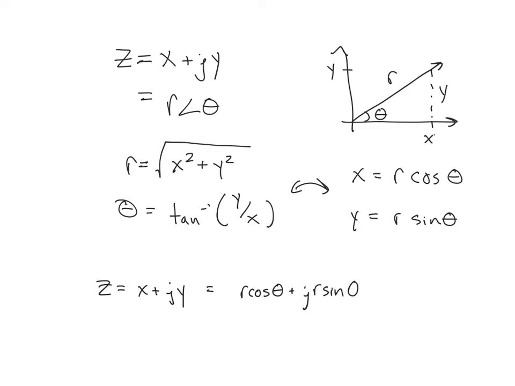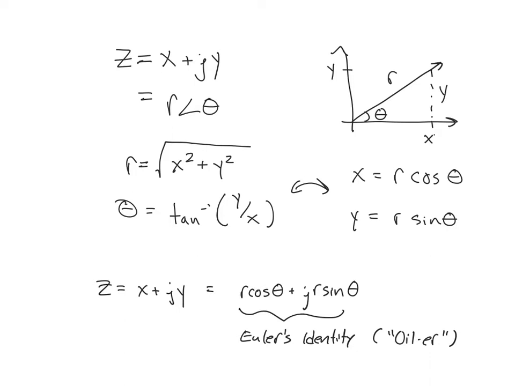This is interesting because this gives us a new form of the expression, and this equation is what we call Euler's identity. Note that this is pronounced Euler, spelled E-U-L-E-R.